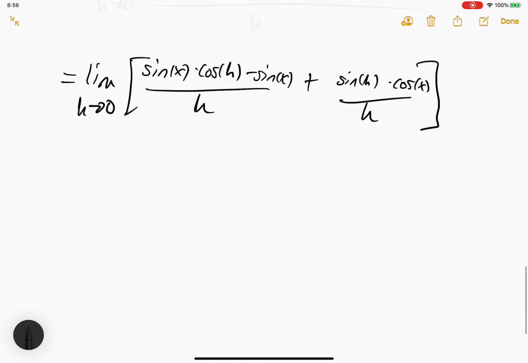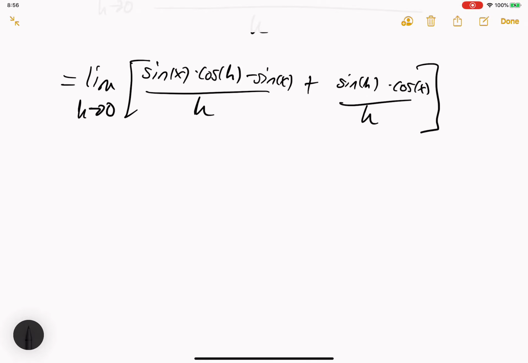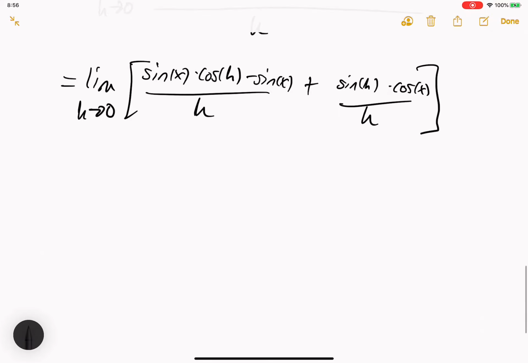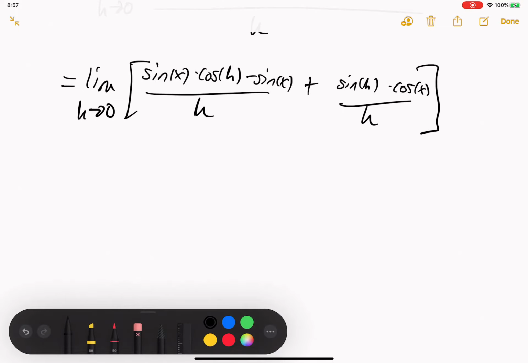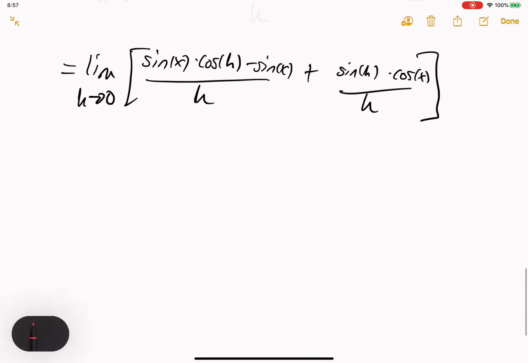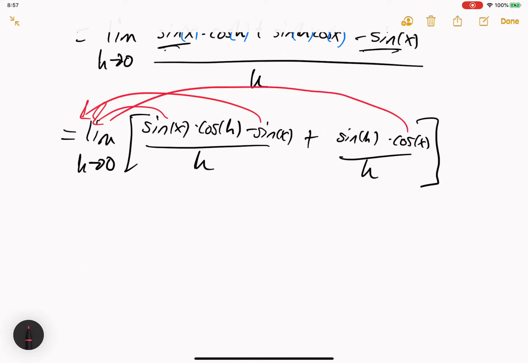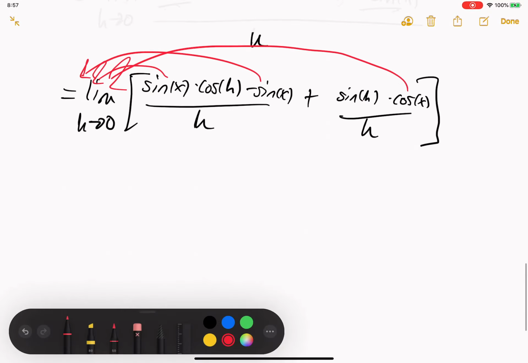And now we're just going to break up the limit over them, because each of these limits will exist. One of the things I want to note is that the sine of x here and sine of x here do not depend on h, and this cosine of x doesn't depend on h. So we can treat them as constants and pull them out of the limit. So that's what we do when I rewrite the next line. Just to be clear, I'll say pull this out, pull this out, pull this out as well. We can just move them out of the limit.